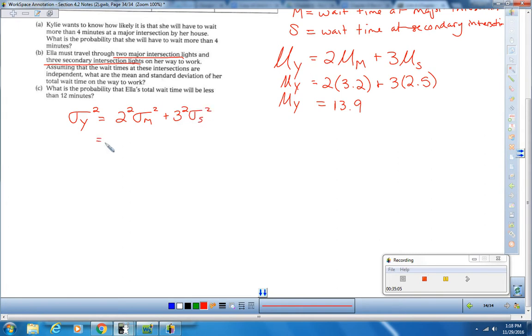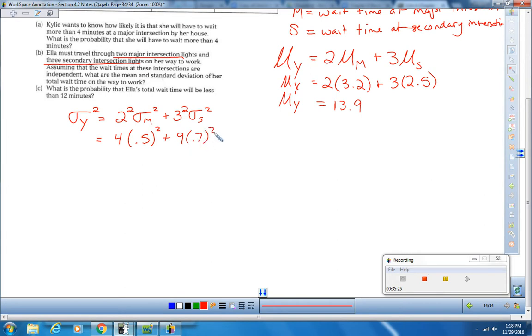So this is equal to, what are the mean and standard deviations again? So this is 4 times 0.5 squared plus 9 times 0.7 squared.